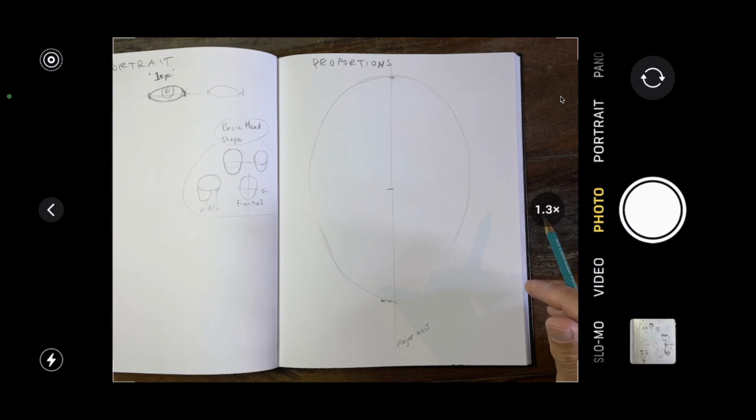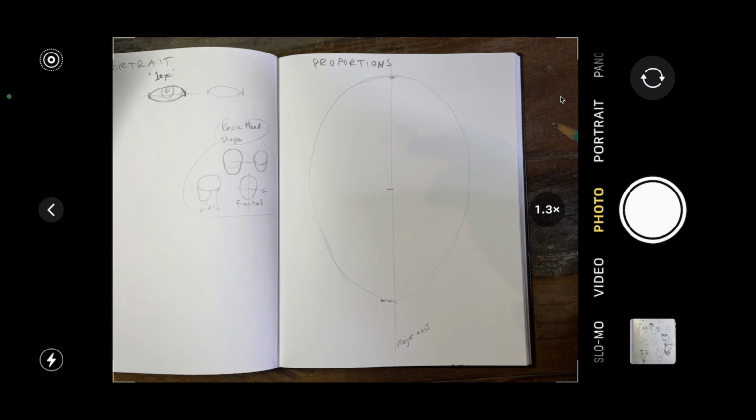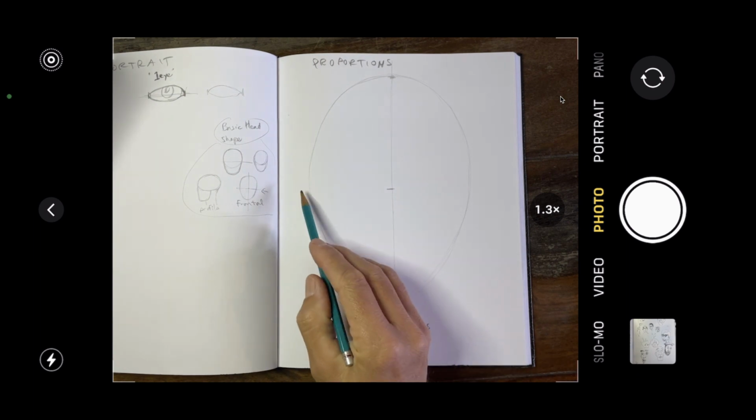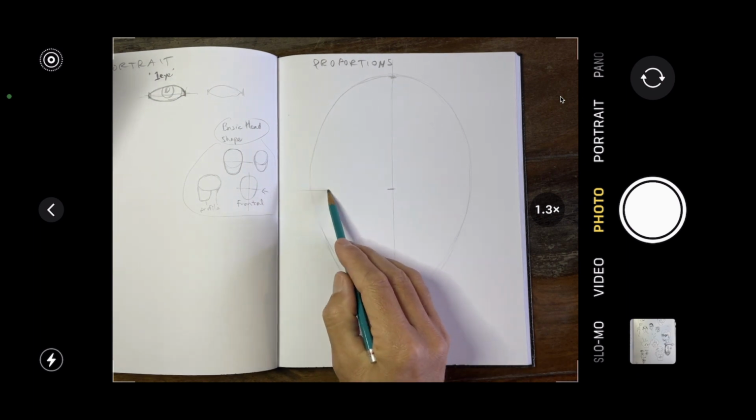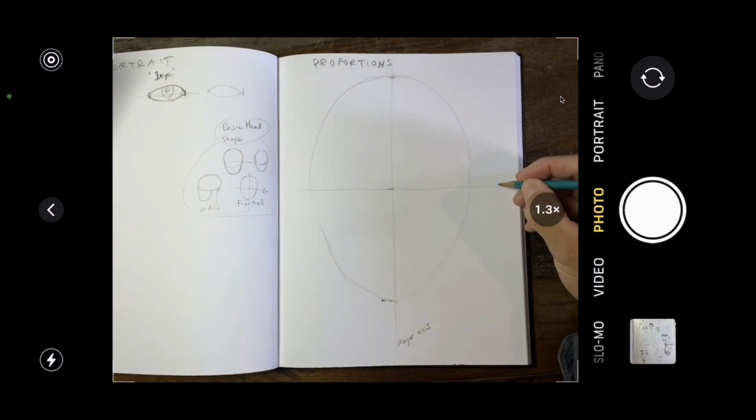And people do the same thing when they do landscapes. How big is the cliff compared to something else in the landscape, right? And so we have to measure by using imaginary lines that we see going across or going vertically. So going across, we have another imaginary line called the minor axis.